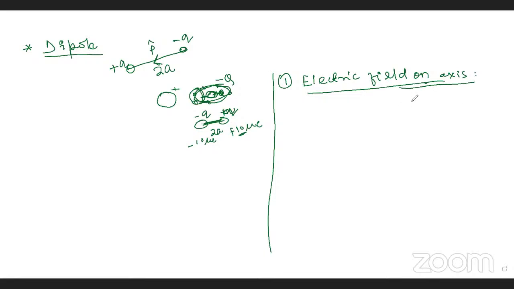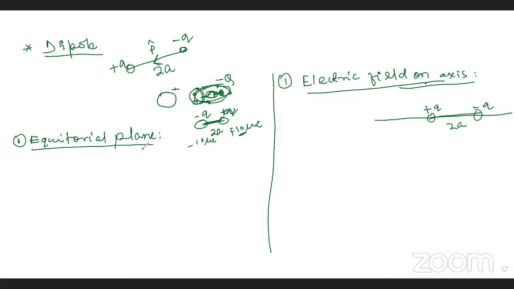On the axis of the dipole means, let's say two charges forming a dipole, minus q and plus q, with distance between them 2a. This is the axis of the dipole. Another case, which we will discuss in the next part, is the field on the equatorial plane.